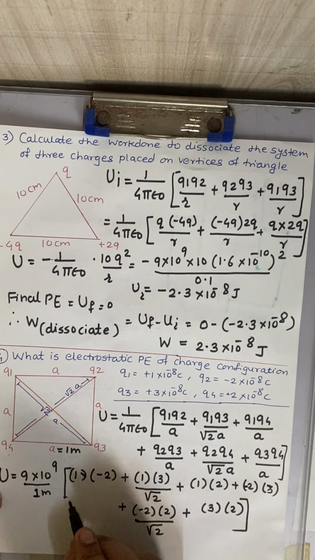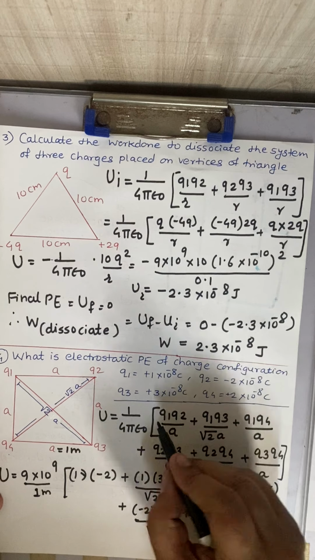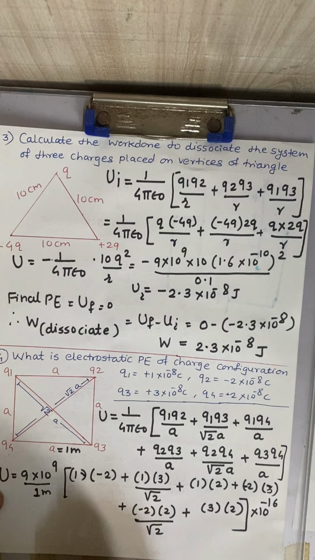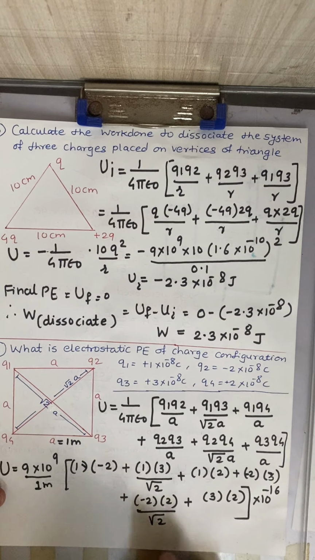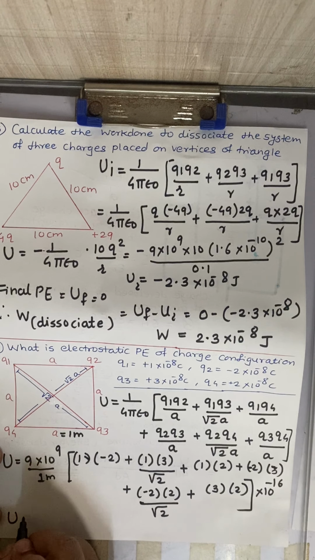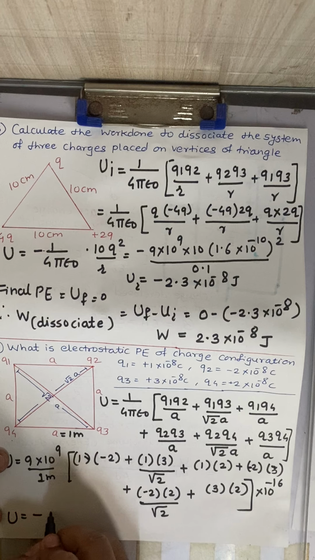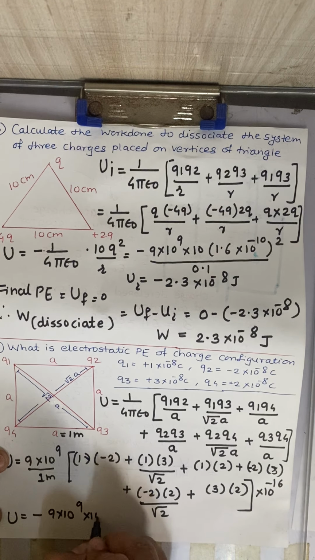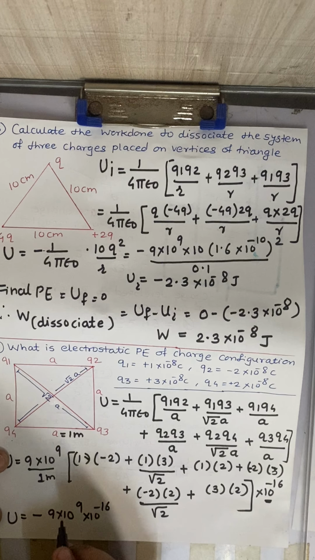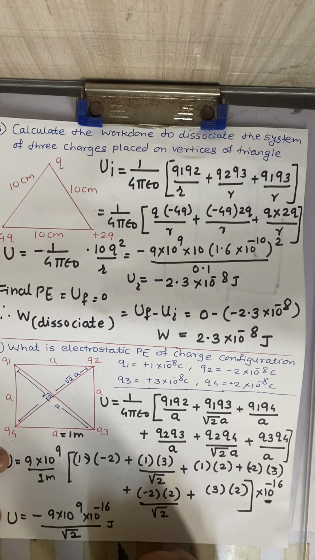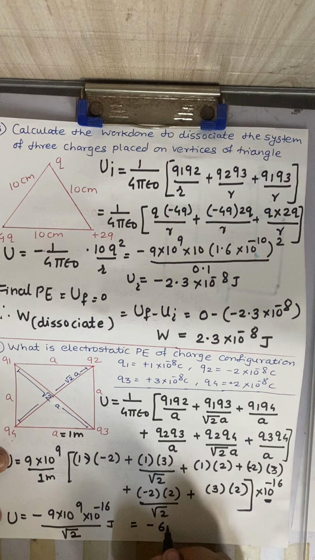Now what remains? Whatever I was saying, 10 raised to minus 8 multiplied by 10 raised to minus 8, together taken outside as 10 raised to minus 16. In this way we can do the total calculation. U is equal to minus 9 into 10 raised to 9 into 10 raised to minus 16, this bracketed term, divided by root 2 joule.